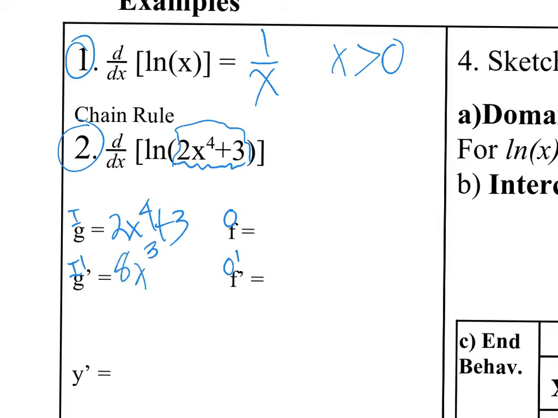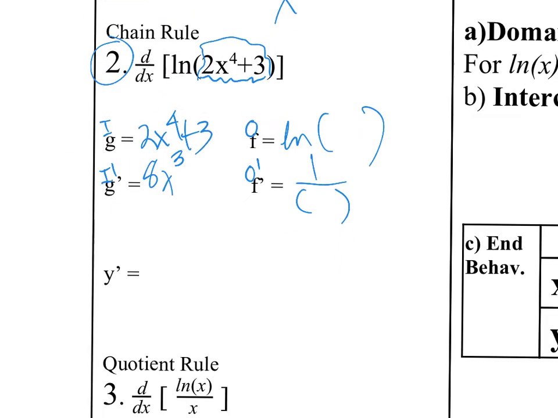And then the outside function is ln of, I'll just put an open bracket, so ln of open bracket, and the derivative of that is 1 over the bracket, okay? So I'm just reducing my amount of writing. I could put ln of g or ln of u if I call the inside function u.